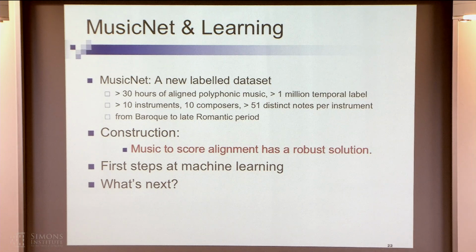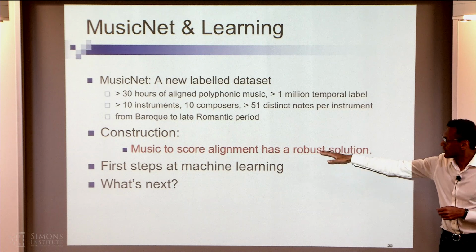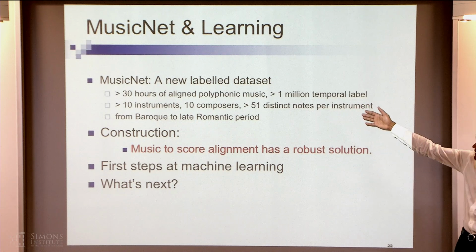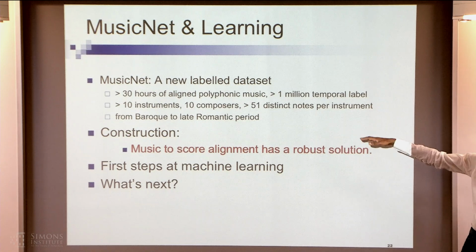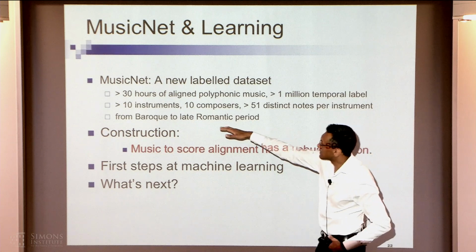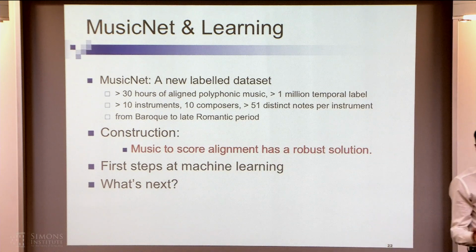And what we did is we actually found a way to align the scores to the music. So to first order, there's a data set which has done this alignment. We released this data set, we called it MusicNet, inspired by ImageNet, where it's over 30 hours of aligned music, and it's real professionally recorded music.